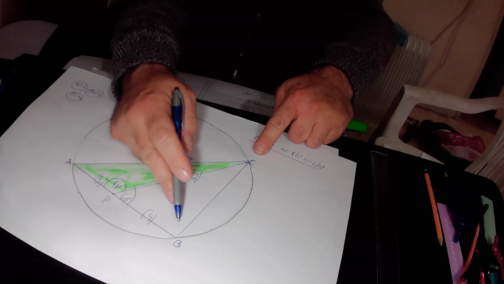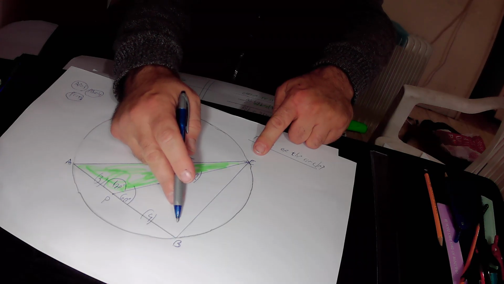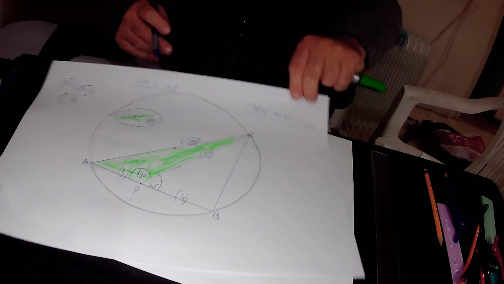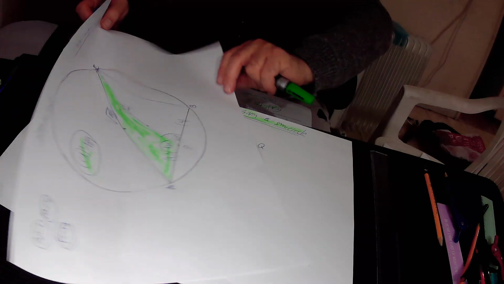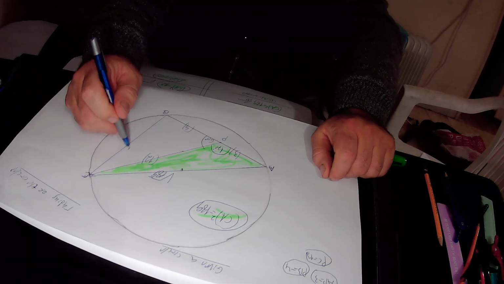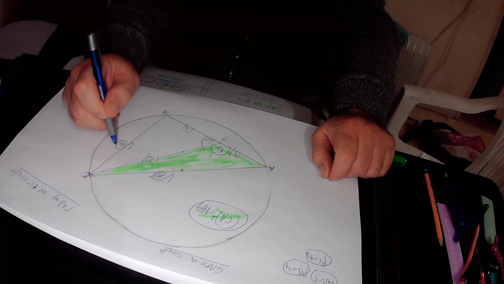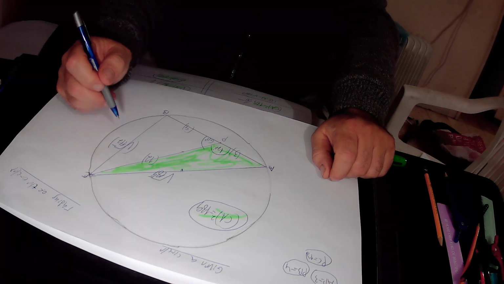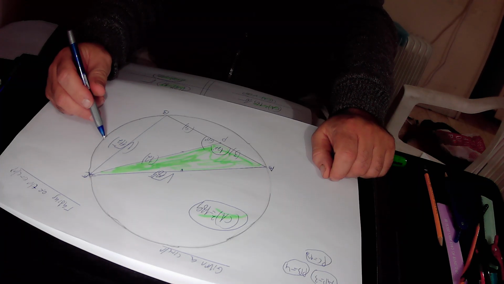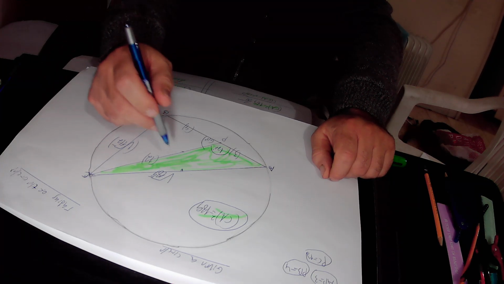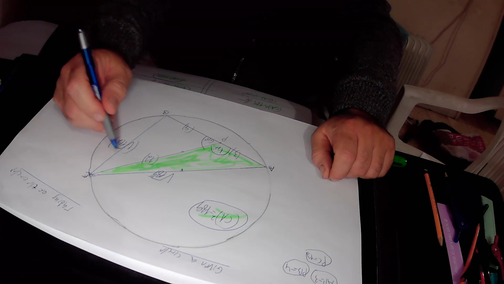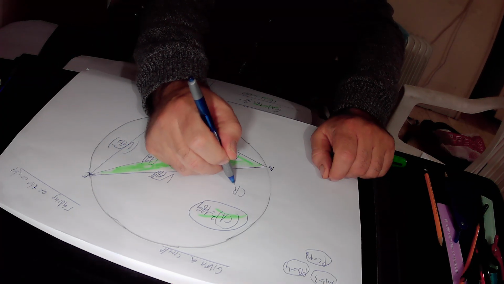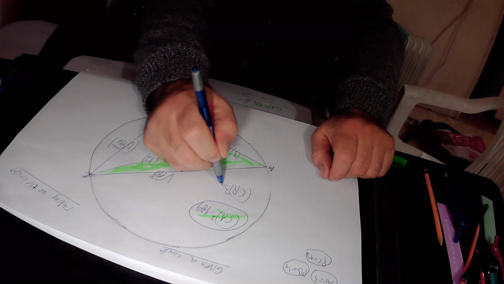This is side CB, which equals the square root of 112 units in length. We already found out that CB squared equals 112.